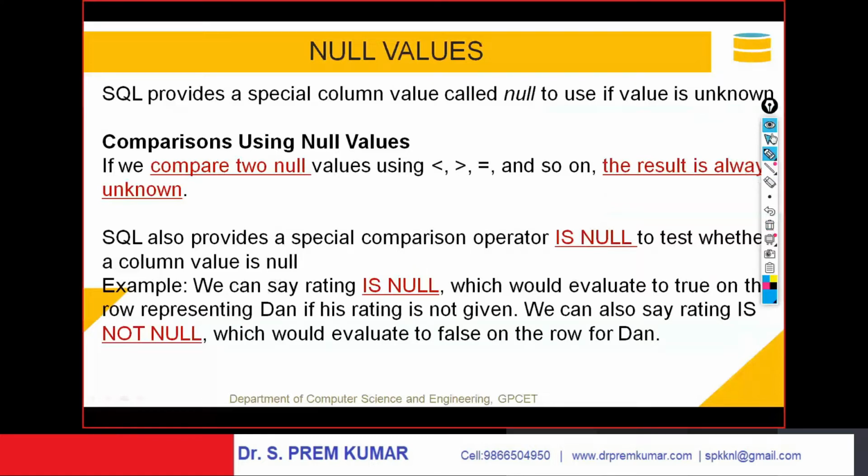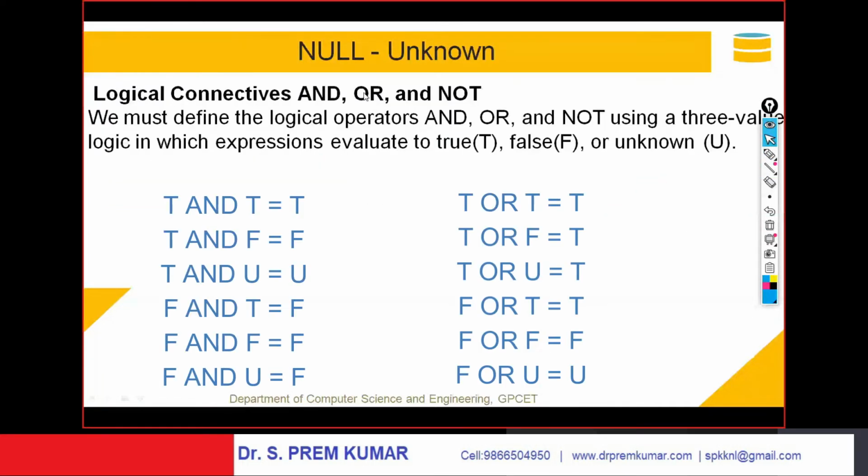Now let us move on to the next slide. Null is called an unknown. Logical operators can also be applied. You can even apply logical operators with null values: AND operator, OR operator, NOT operator. For negation you can use IS NULL, IS NOT NULL.